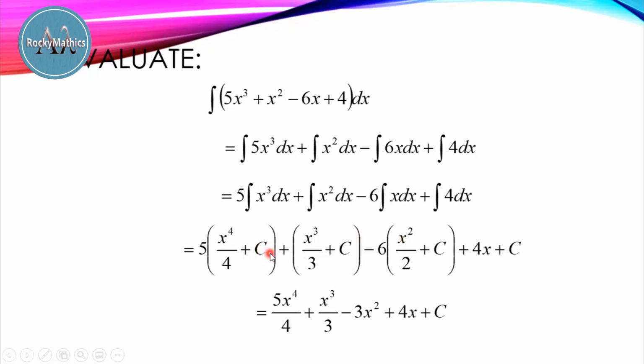So we can write that as a single c. That's why simplifying the whole expression, we have 5x raised to 4 over 4 plus x cubed over 3 minus 3x squared plus 4x plus c, where c is simply equal to c1 plus c2 plus c3 plus c4.